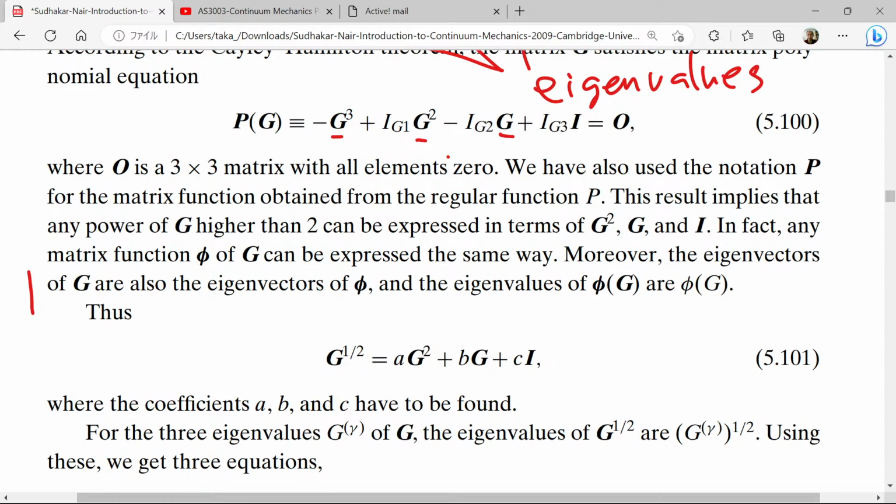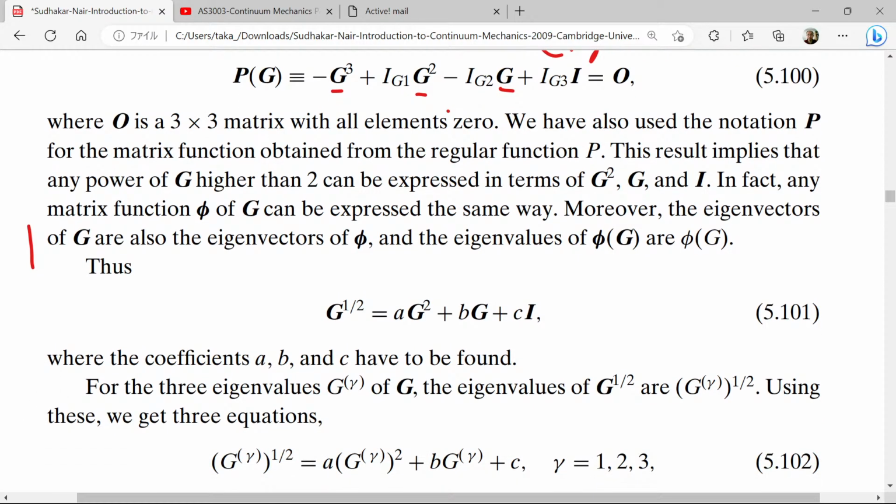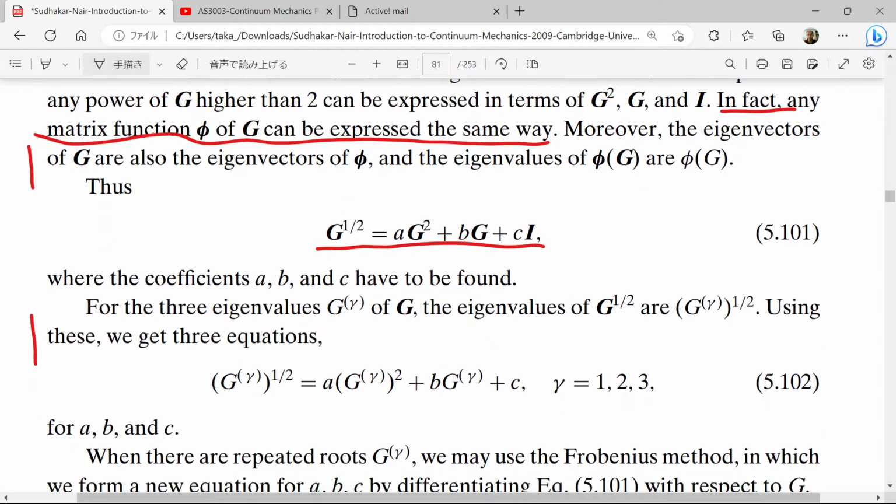Eigenvalues of the matrix phi of G are phi of the eigenvalues. Any matrix function can be expressed in the same way. So G to the power 1/2 is A G squared plus B G plus C I, where the coefficients A, B, C have to be found.